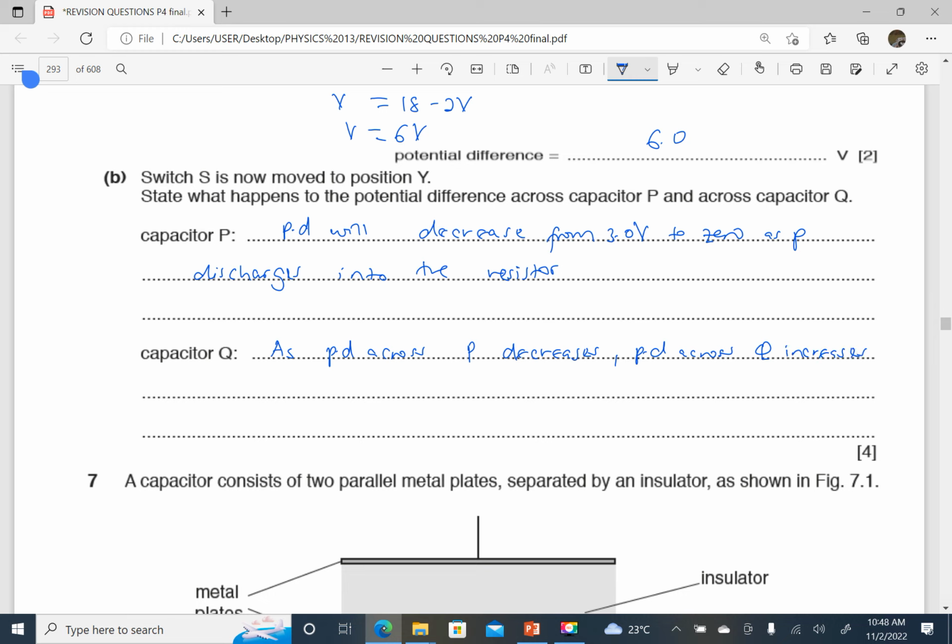Because they're in series, the PD across Q will increase from 6.0 volts to 9.0 volts, back to the voltage supply. When the PD across P becomes 0, then all the PD supplied by the battery will be across Q. As simple as that.